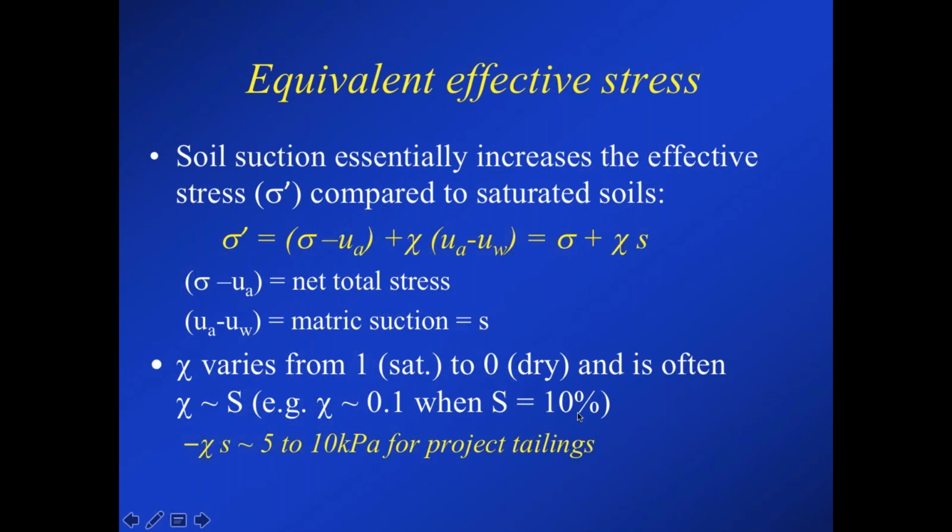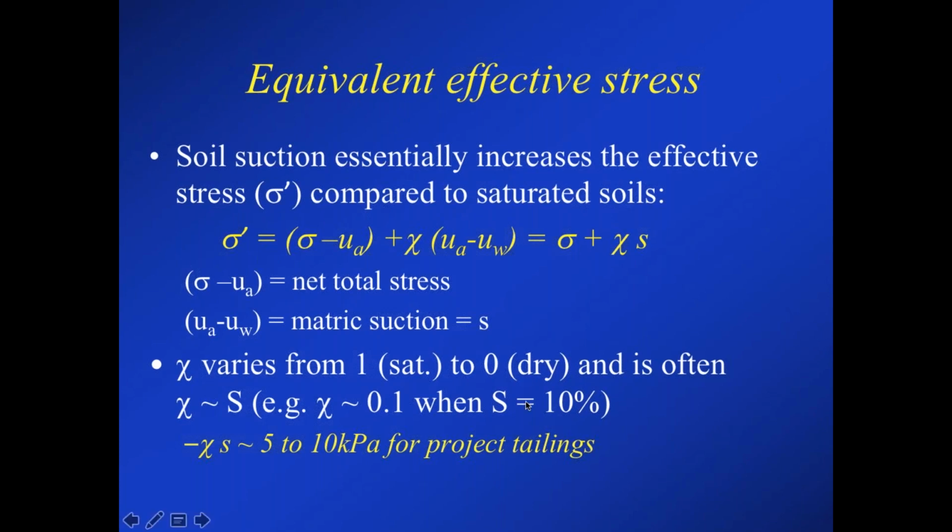So at a saturation of about 10%, this chi factor would be about 0.1. So you're going to add on 10% of the suction. If the suction is only about 100 kPa, then you're only going to add on about 10 kPa. In these sandy soils, the suctions are typically small, and so their effect on effective stress is relatively small. Now, of course, they're significant very close to the surface.